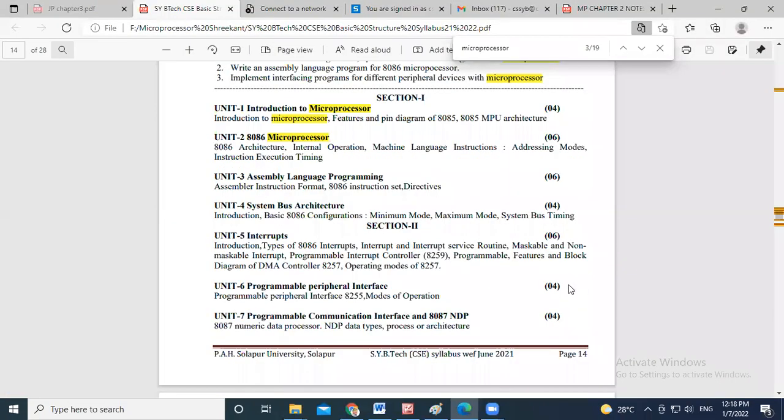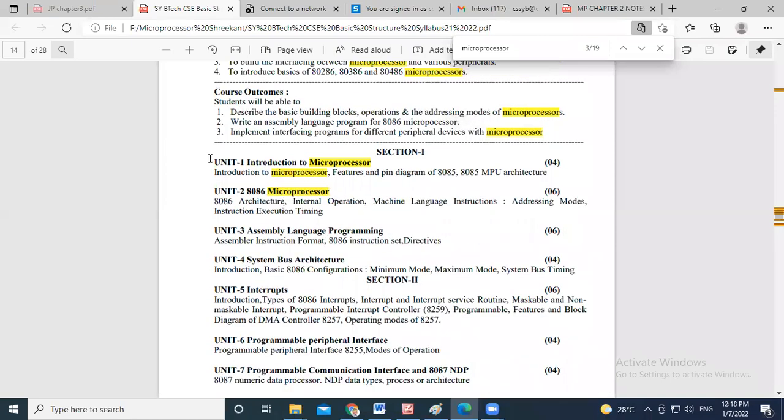So, dear students, we have already covered a very small unit, that is introduction to microprocessor, and we are continuing with the second unit, that is the 8086 microprocessor. In that, I taught two topics from the second unit, the architecture of 8086 and the internal operation of 8086.